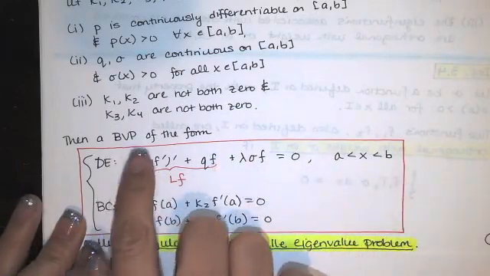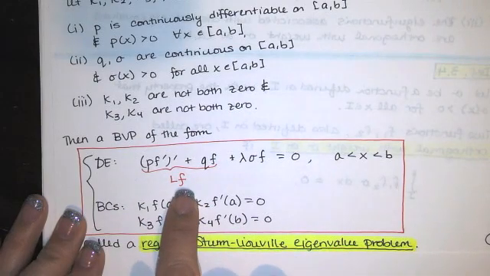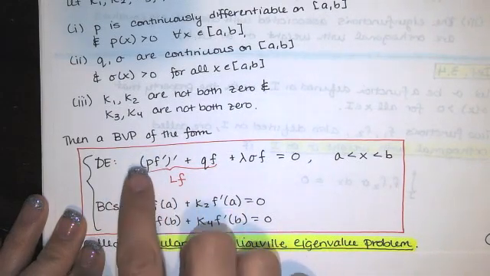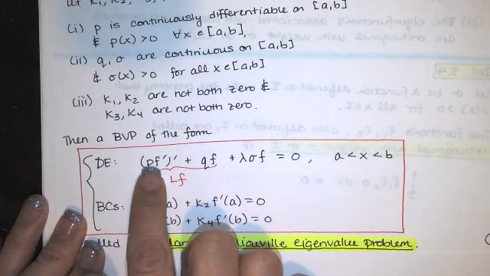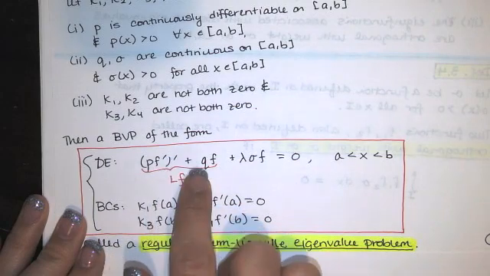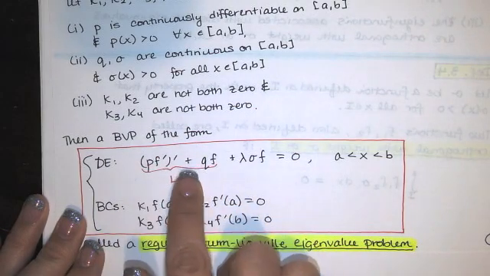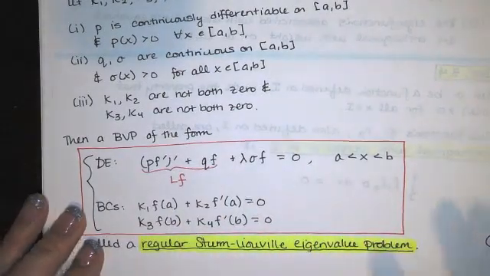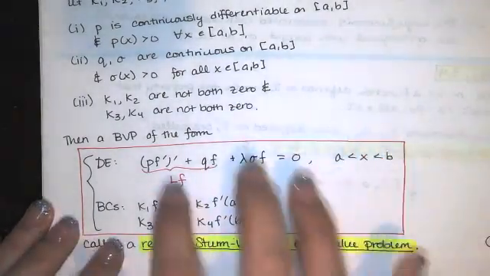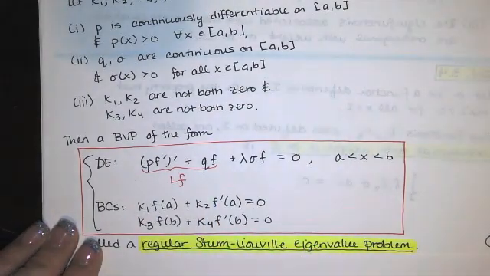So in this boundary value problem, the linear operator applied to f is actually the operator given by p times f prime, take that product, take its derivative, then add q times f. When that is our linear operator, we call this a regular Sturm-Liouville problem, provided that's the differential equation and we've got these two boundary conditions.